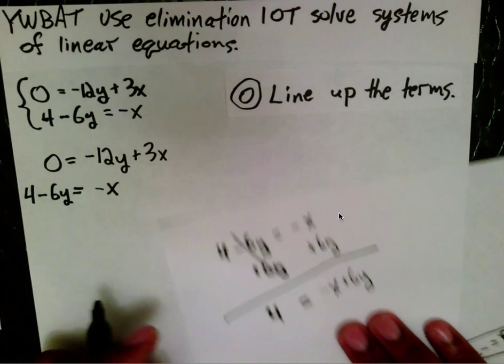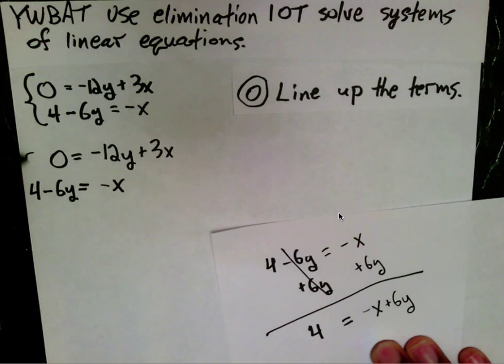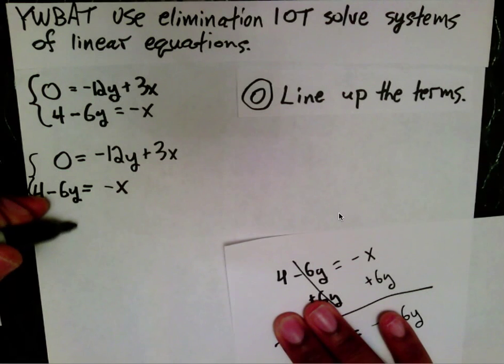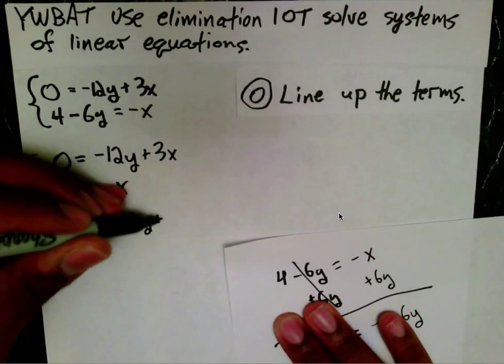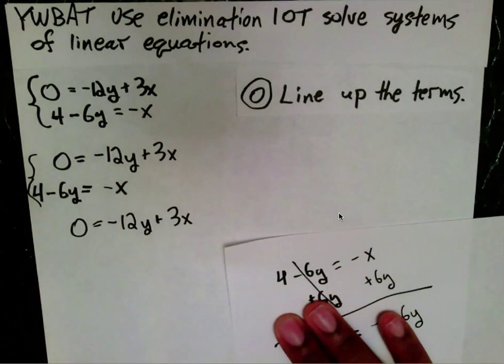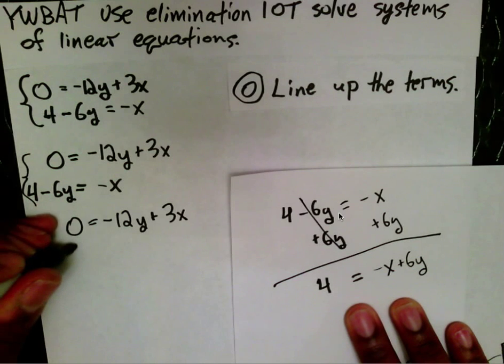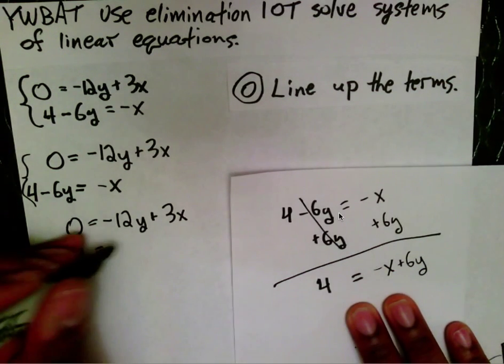And so that's what my bottom equation now is. So let's go back down and rewrite. If I have 0 equals negative 12y plus 3x, and now I'm going to write this one: 4 equals negative x plus 6y.